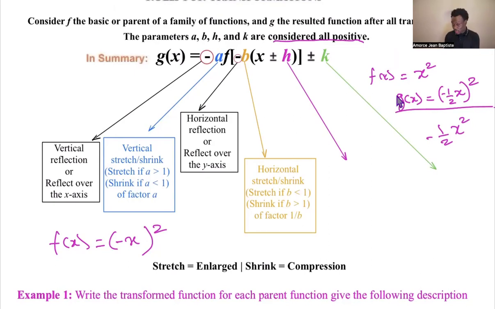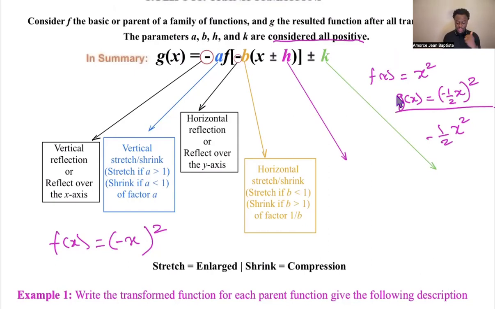The negative, because it's inside, will be seen as a horizontal reflection, meaning reflection over the y-axis. That's one. And second, 1/2 would be a horizontal stretch or shrink. Now, how do we know if it's a stretch or a shrink? It's because 1/2 is less than 1, so it's going to be a stretch.